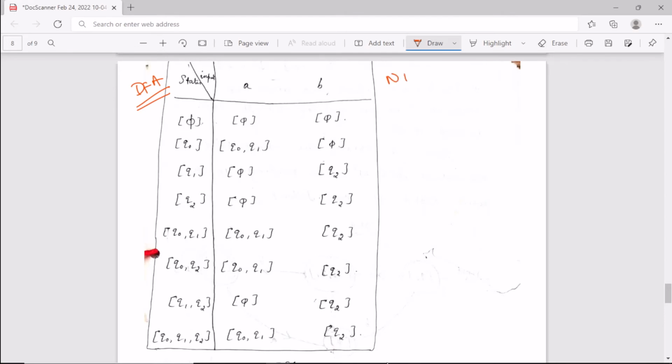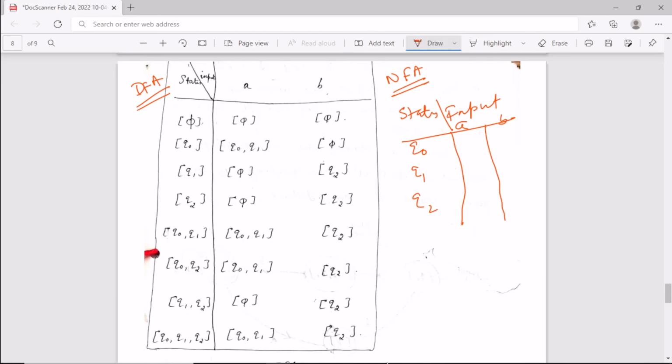Side by side, I am writing down the NFA transfer function table for your clear understanding. So here are the states and inputs. The different states we have are Q0, Q1 and Q2, and A and B are the two input symbols.